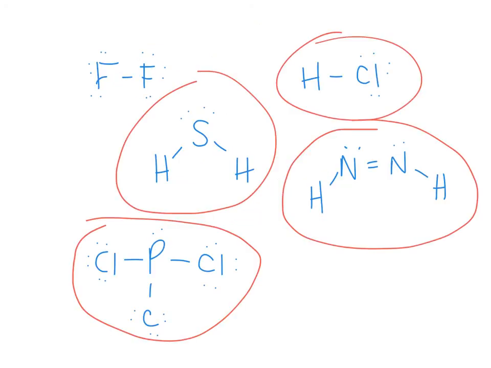You would have a net dipole. Who has the strongest pull, phosphorus or chlorine? Phosphorus. Sure? Chlorine, sure? So chlorine. So you would end up with a net dipole in this direction.